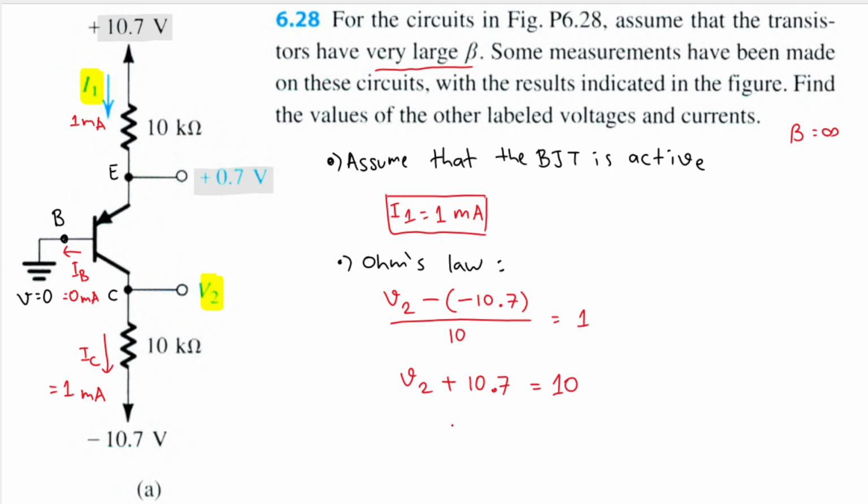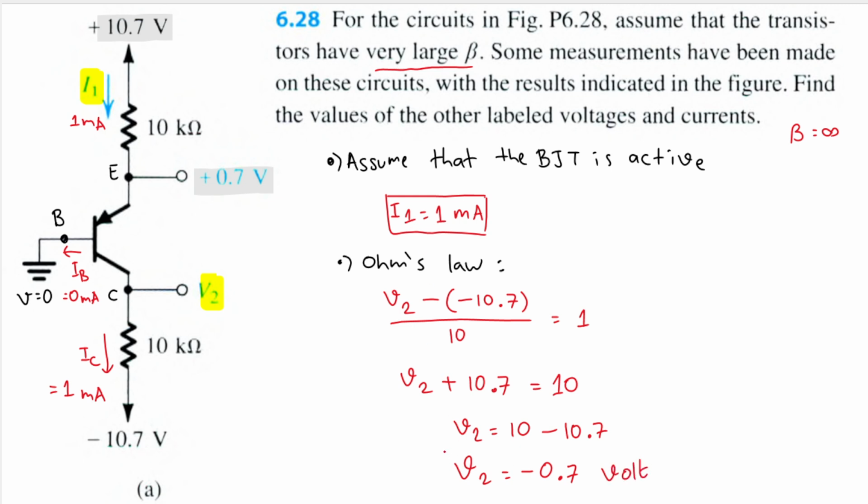And so we will have V2 equal to 10 minus 10.7, which is V2 equal to minus 0.7. And the unit will be volt.